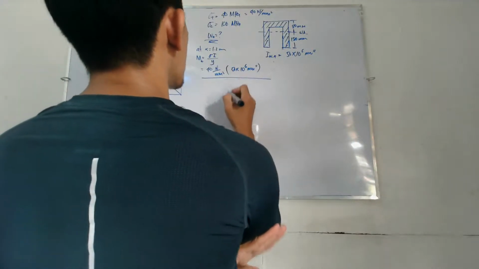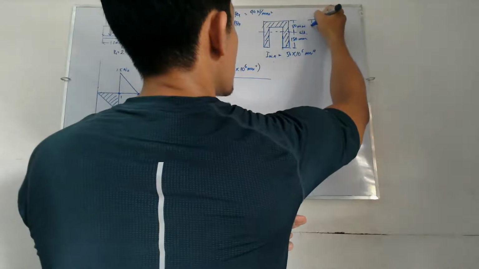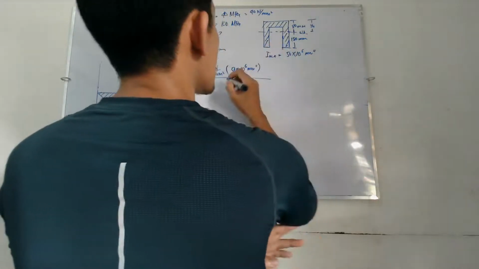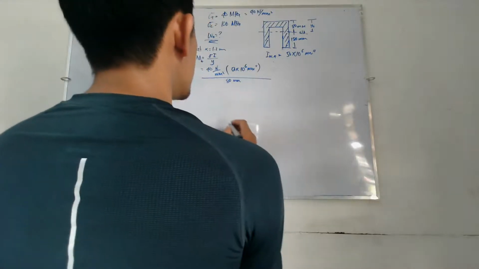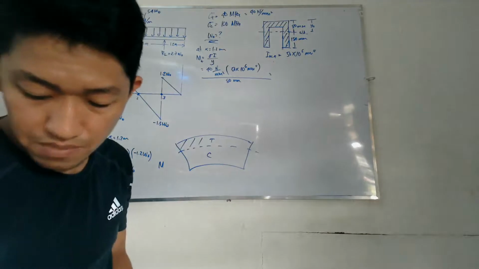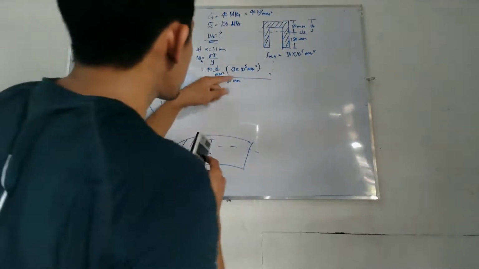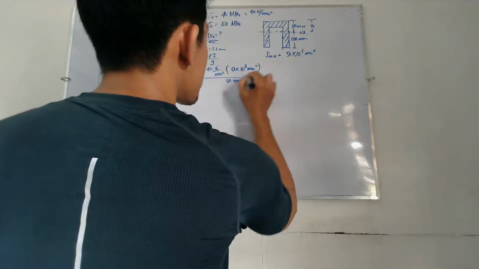Y is kani, tension. Y tension, 80. Okay. Ang answer ani would be Newton millimeter. Newton millimeter, okay, cancel man eh.